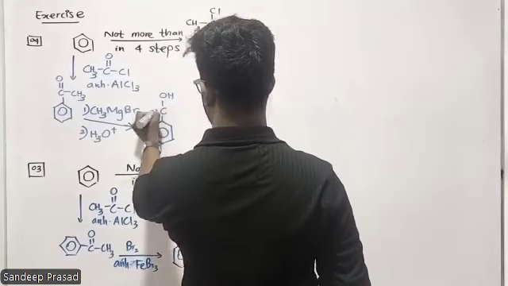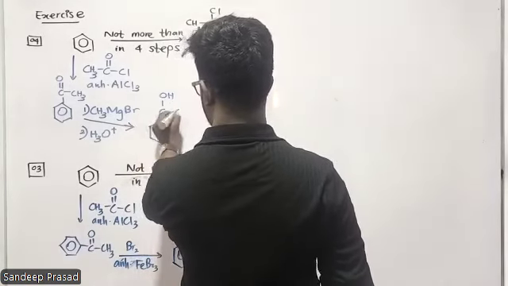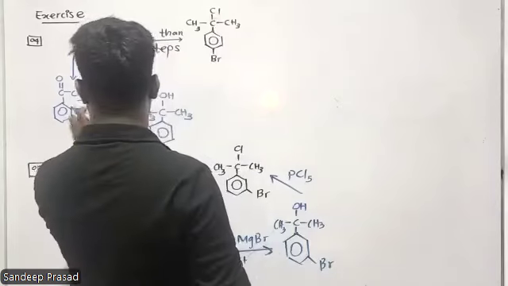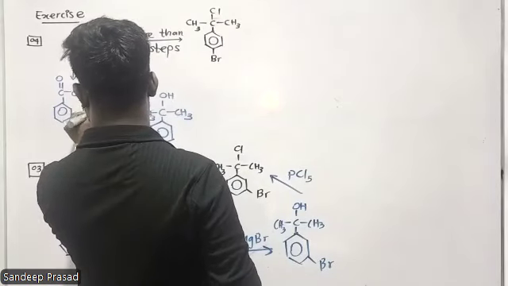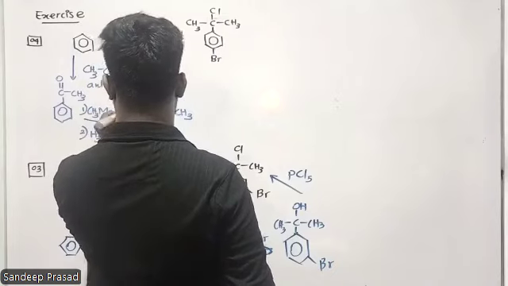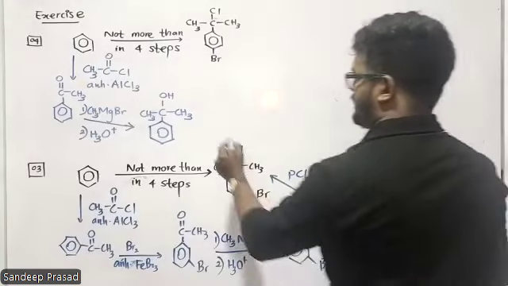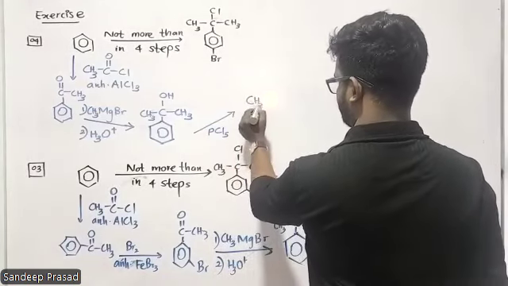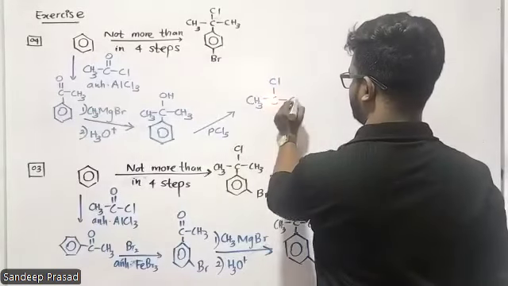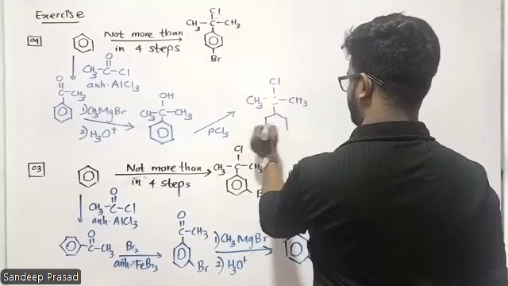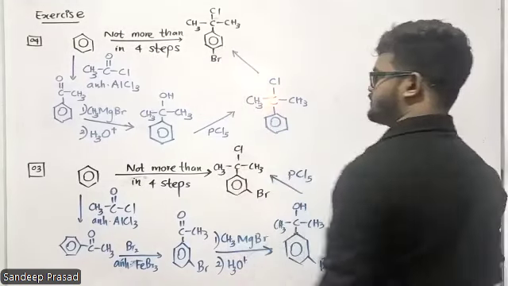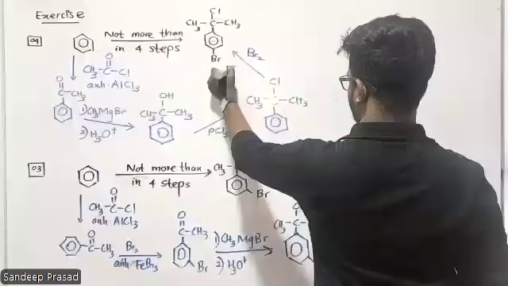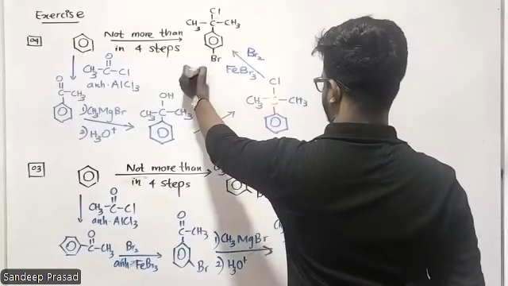Then we have OH. Then PCl5, then Br2, anhydrous FeBr3.